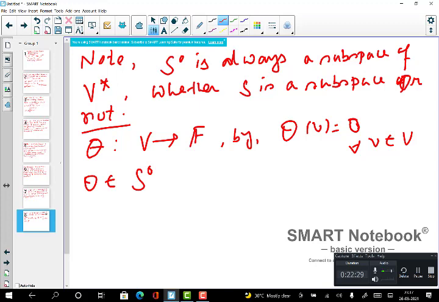Now closed under addition means what? If you start with two functionals, this says that S naught is always non-empty.